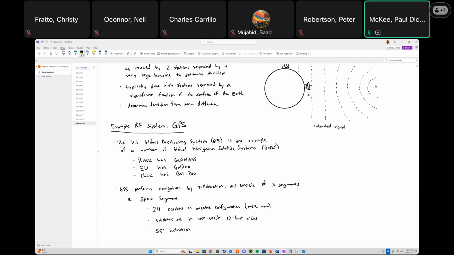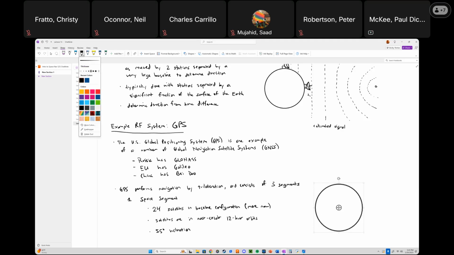And so you can imagine that there's this GPS swarm. As a matter of fact, I might see about drawing a picture here. Let's do the Earth trick again. So you can imagine that each one of these is in an orbit which is like that.